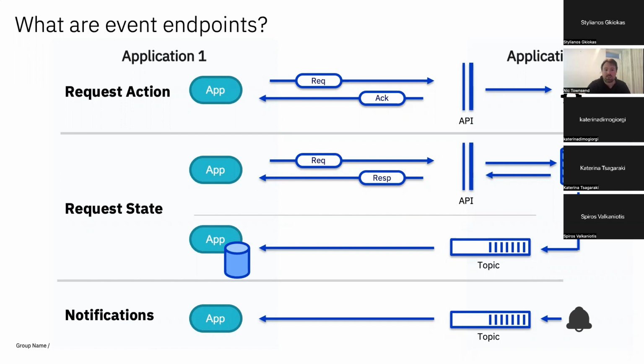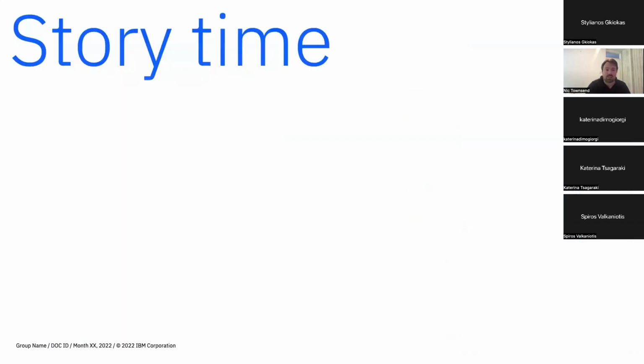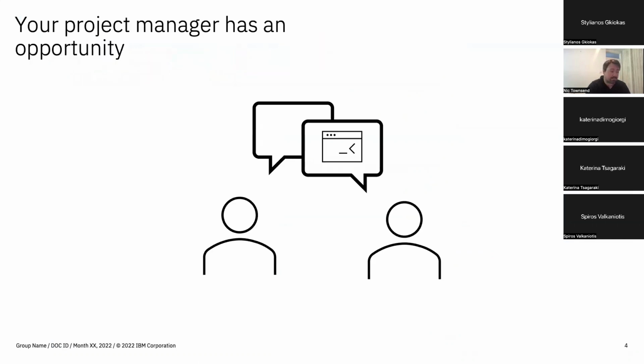So now that I've described the idea behind event endpoints, I'd just like to start to tell a little story. It's a common scenario. Your project manager, your team lead has a new piece of work that they want you to implement. Perhaps actually they're an architect and you are a lead of a squad, but they come to you and they say, I've got this opportunity and I need somebody to work on delivering a solution.